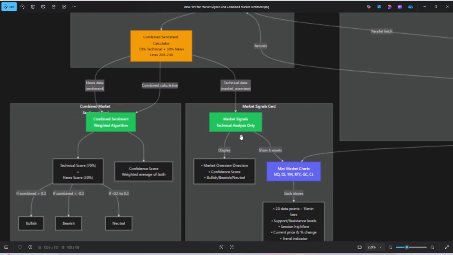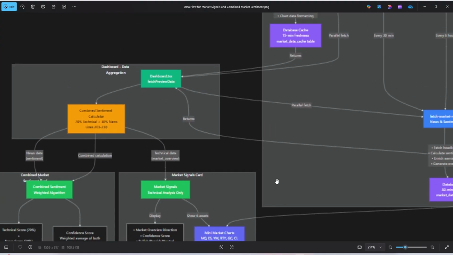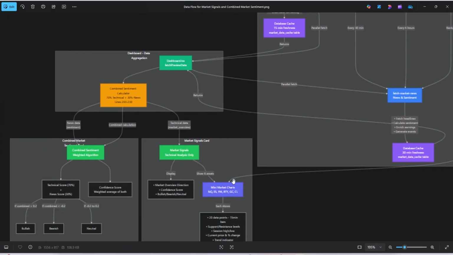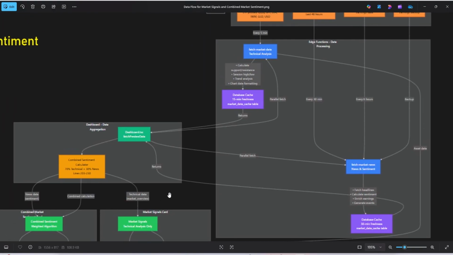It's looking at our technical analysis and all of our different assets, 20 different data points every 15 minutes for support and resistance, session highs and lows, current price and percentage changes, and then what our trend indications are looking like. So it's taking all this data, aggregating it, and then pushing out our answers, and it's giving you a little visual representation of how we're doing this. So I think it's pretty cool.